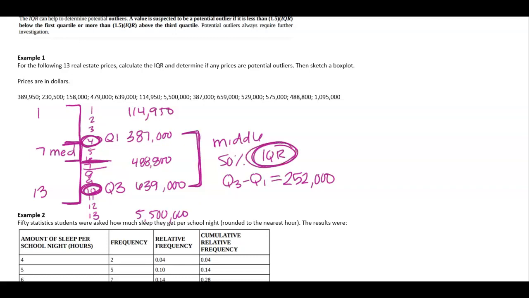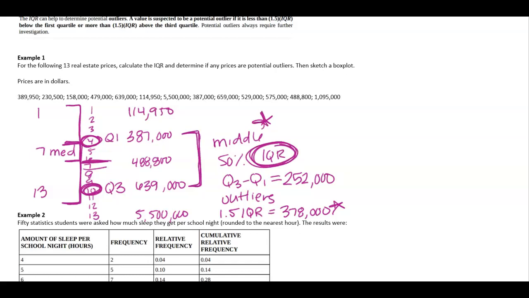This calculation tells us what we think that middle 50% looks like, versus maybe some of the extremes on the ends. And we're going to use this to find our outliers. So we're going to multiply 1.5 times the IQR. And what I'll show you here on the box plot is this is our gauge on whether or not any of the data points are too far from the middle 50%.